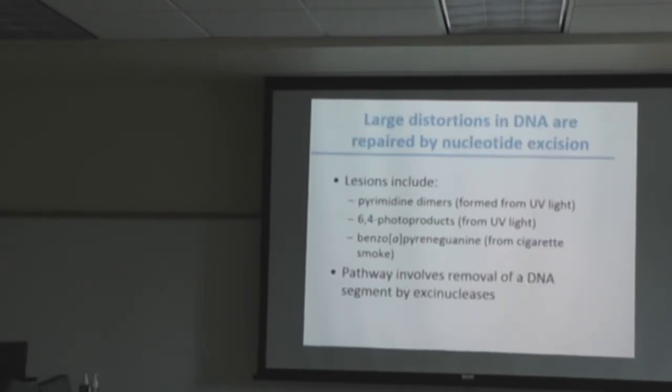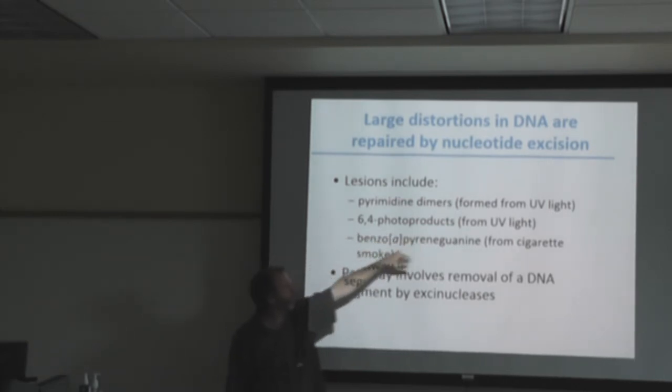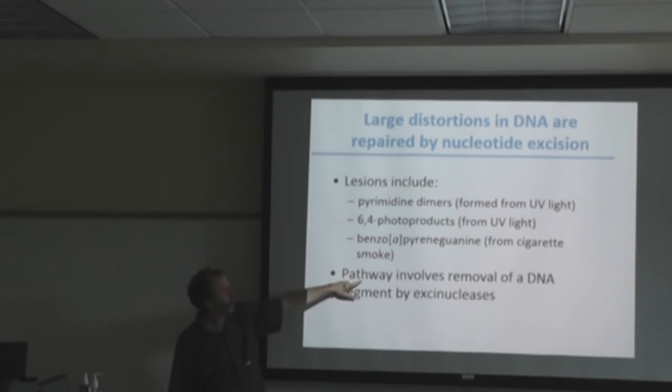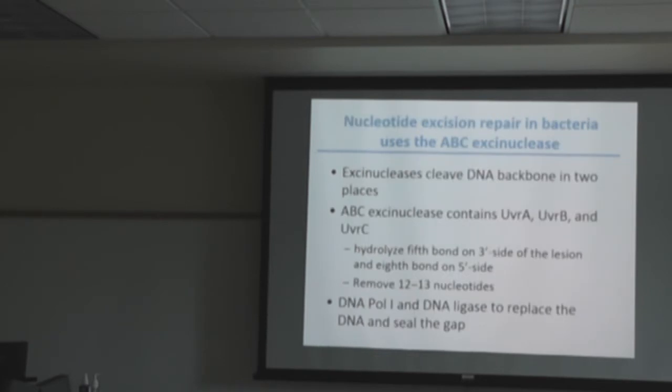Large distortions in DNA are repaired by nucleotide excision, and these lesions can include pyrimidine dimers formed from UV light, 6,4 photoproducts from UV light, and benzopyreneguanine from cigarette smoke. The pathway involves removal of a DNA segment by excinucleases. Excinucleases cleave the DNA backbone in two places.